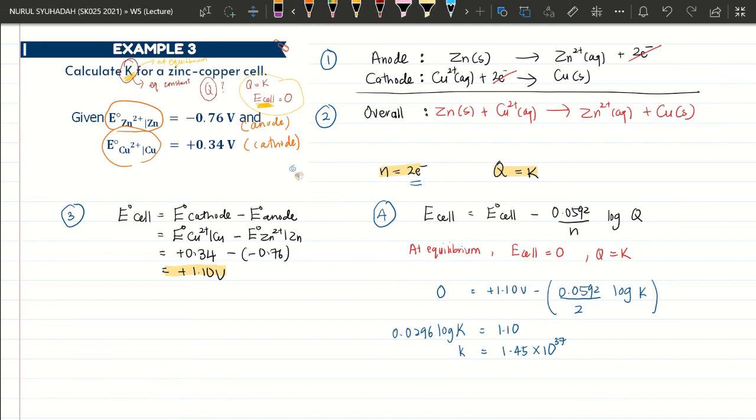So this will be your final answer. And our equilibrium constant, it must be capital K over here. It will not have any unit, so it is unitless. So that is the calculation for example 3.